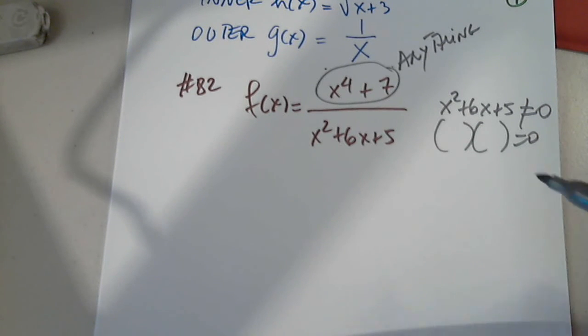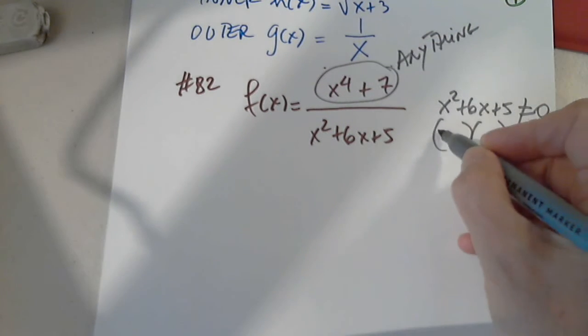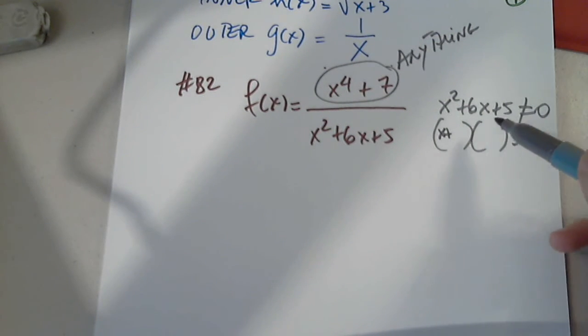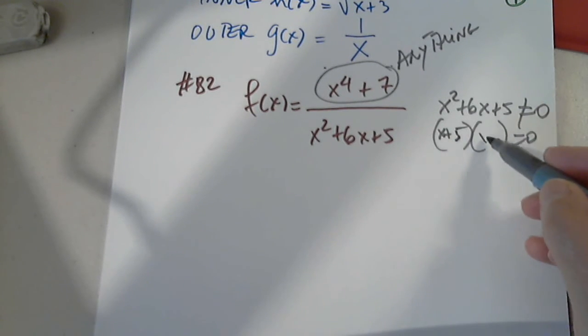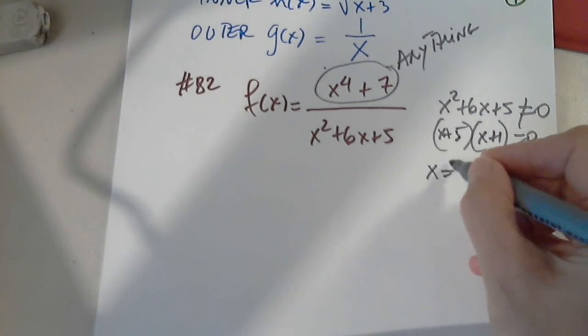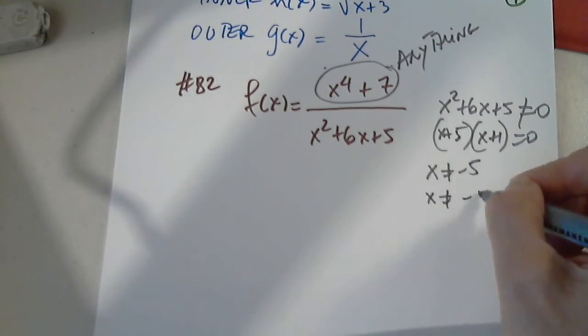So how do I factor this? Maybe x plus 3, x plus 2. I cannot multiply 3 by 2 and get 5. You're on the right track though. It's going to be x plus 5, x plus 1. Very good. So obviously x cannot be negative 5 and x cannot be negative 1.